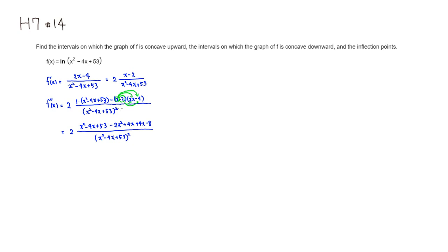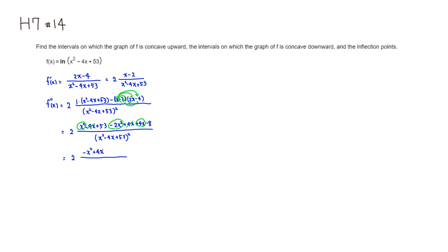Then we just need to simplify a little bit. The negative 4x and plus 4x cancel out. I'm going to combine x squared and a negative 2x squared, so we have a negative x squared. Then we have plus 4x.